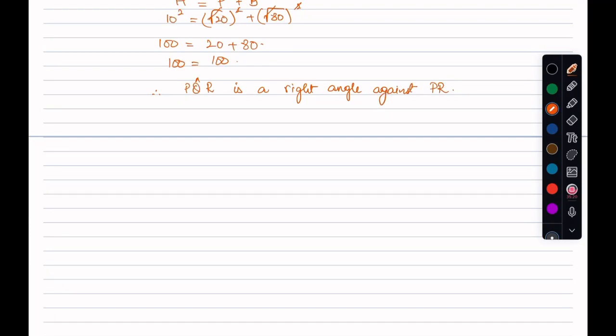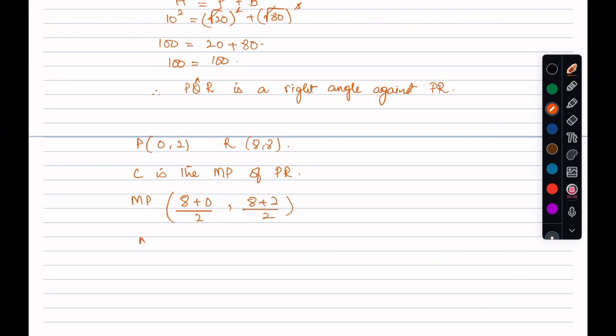P is 0, 2 and R was 8, 8. So the center is going to be the midpoint of P and R. The midpoint is then going to be x1 plus x2, meaning 8 plus 0 divided by 2, and 8 plus 2 divided by 2.